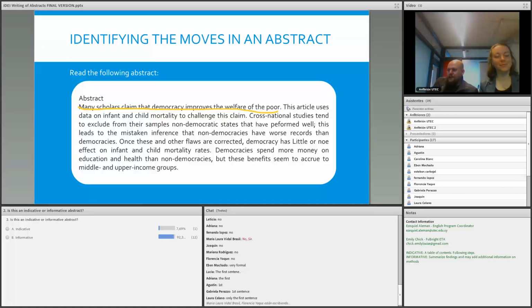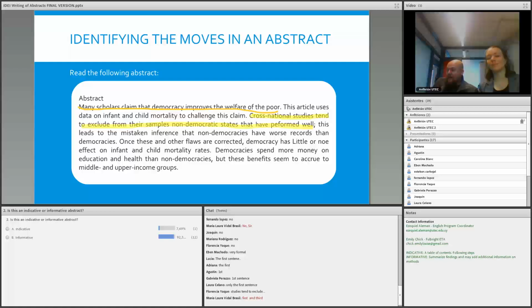There's another sentence which talks about, thank you, Florencia, thank you very much. Cross-national studies tend to exclude from their samples non-democratic states that have performed well, and so on. This is also background information. First and third sentences are move 1 in this abstract.